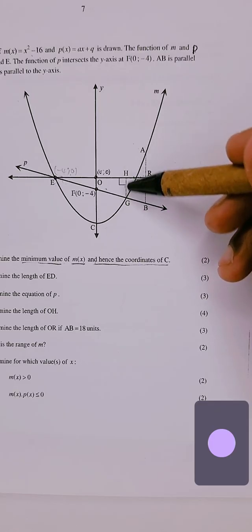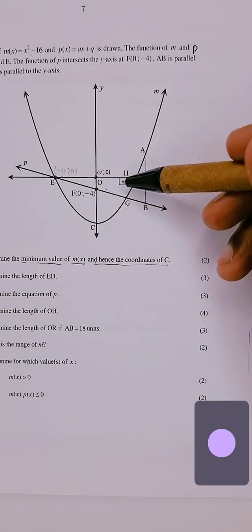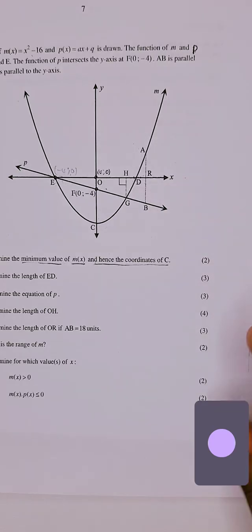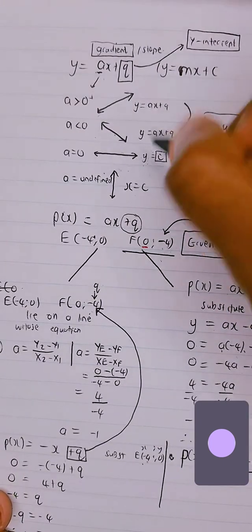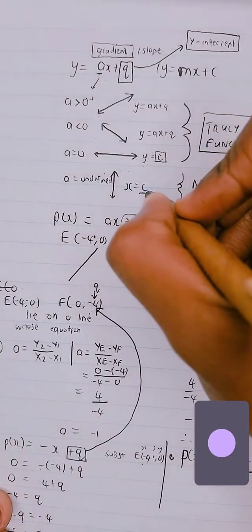Earlier on, I explained that any vertical line has what as being constant.